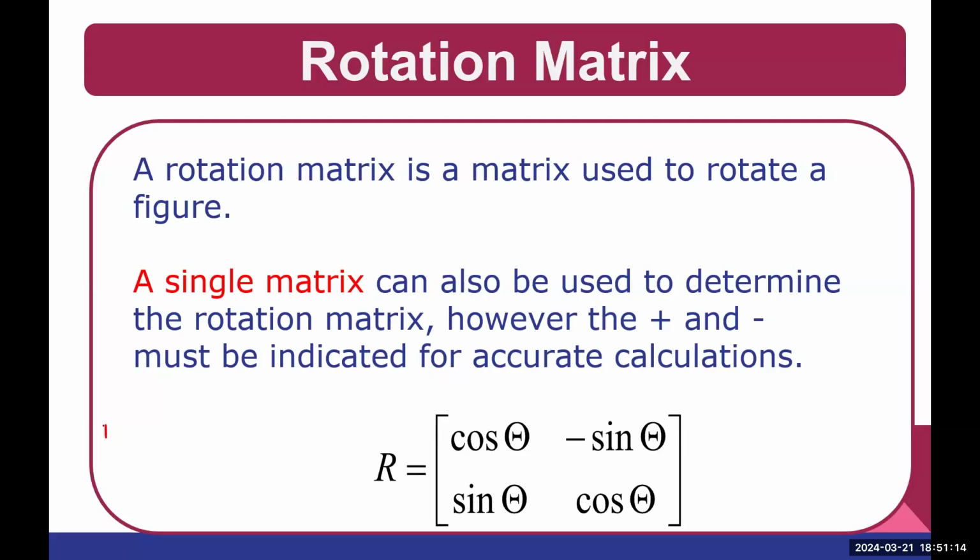R is equal to cos theta, sine theta, negative sine theta, and cos theta. Theta here represents our angle. Theta is Greek for angle measure.